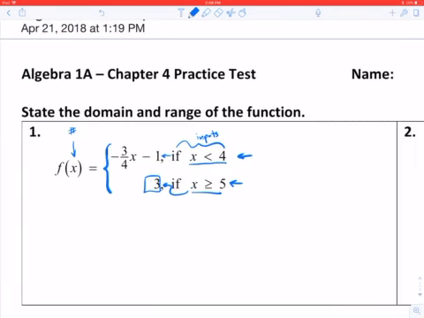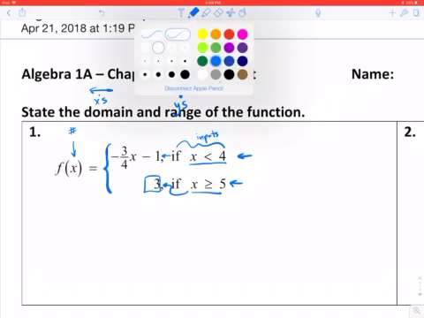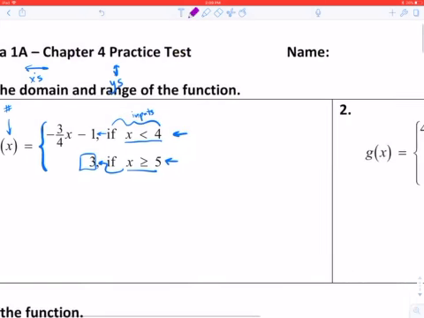But let's find the domain and range. Remember, the domain are our possible x's, or our inputs, and our range are our possible y's. X's go horizontally, y's are up and down. The domain is often very easy to find in these cases. I can look at these two pieces of information.